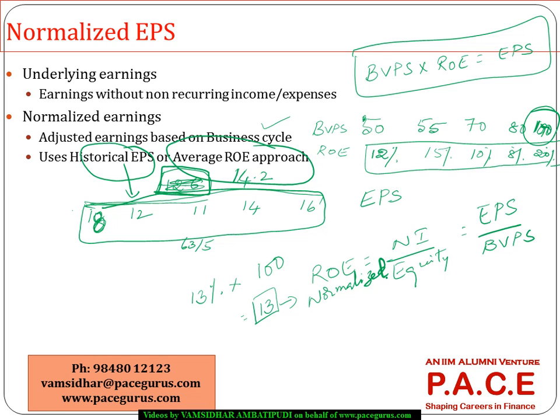Either way, it is expected that I do a normalization. The normalization is done only with the help of the underlying earnings, wherein all the non-recurring components are removed as a part of the computation process. Alright.